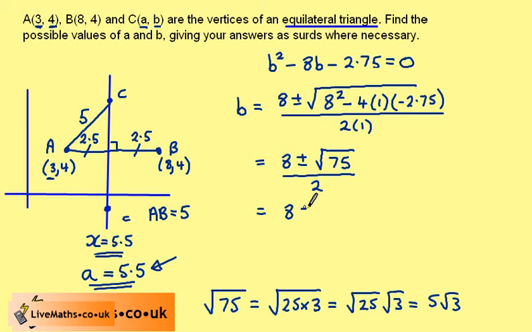So writing this down tidied, we get 8 plus or minus 5 root 3 over 2. Clearly looking at the diagram, this C is going to be the plus root of this equation, and this one would be the minus root.